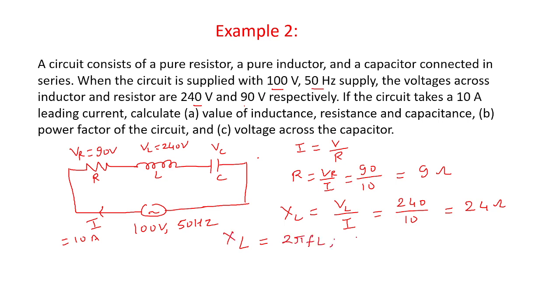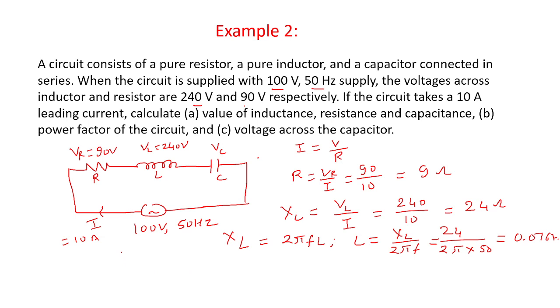So from here, L is equal to XL divided by 2 pi F. XL is 24, 2 pi frequency is 50. If we solve this, we are getting the inductance value which is equal to 0.076 Henry.